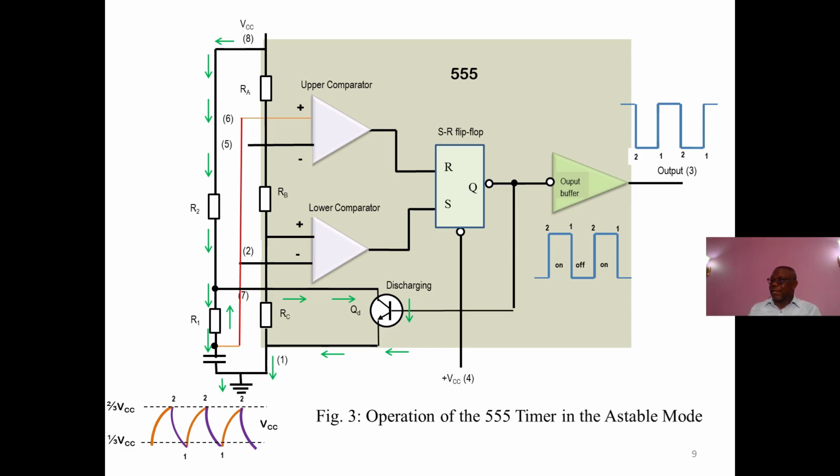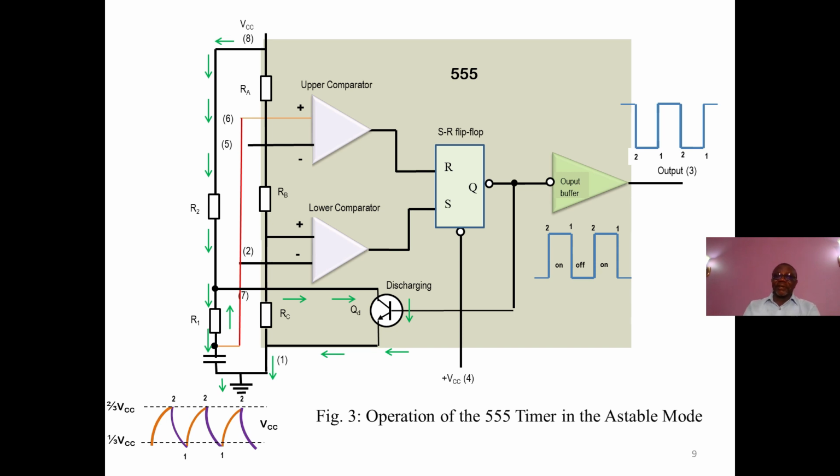When that happens, the result of the flip-flop causes the QD to go high. When it goes high, the output turns the transistor on.